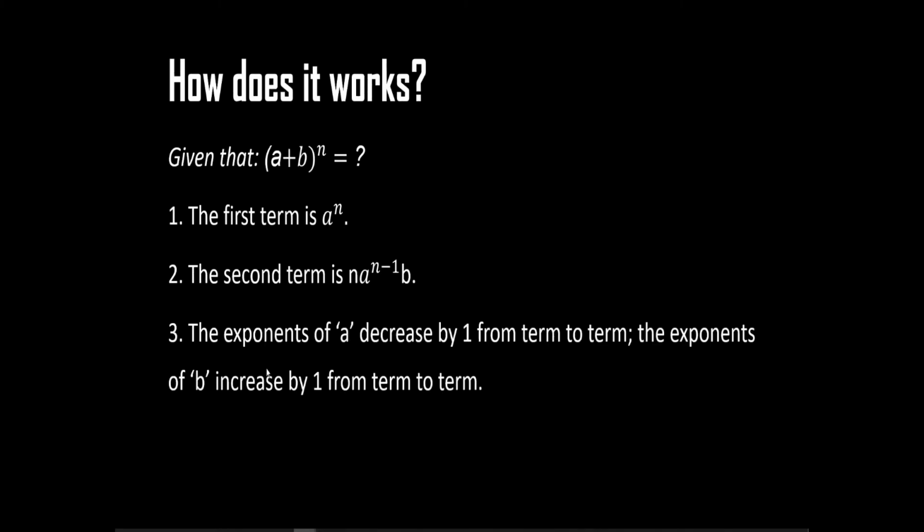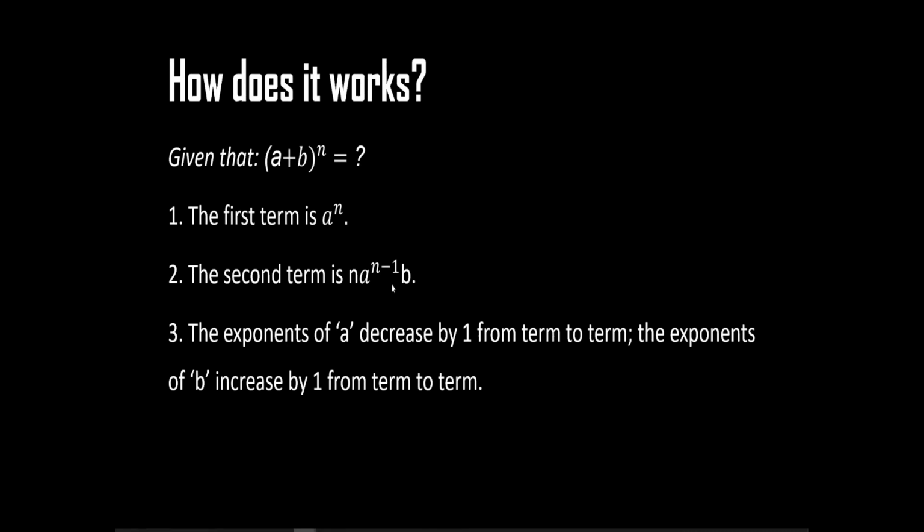And the third step is that we can see that the exponents of a, or the first term, decrease by 1. That's why we have here n minus 1 from term to term. So each term, the exponent of the first term will decrease by 1. And the exponents of b will increase by 1 from term to term.